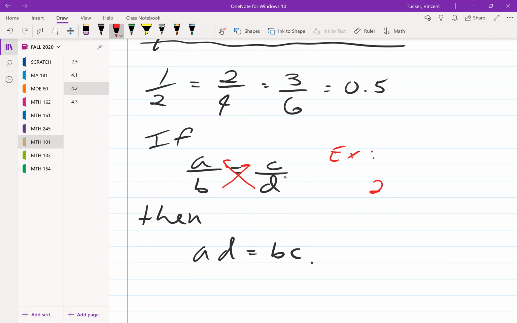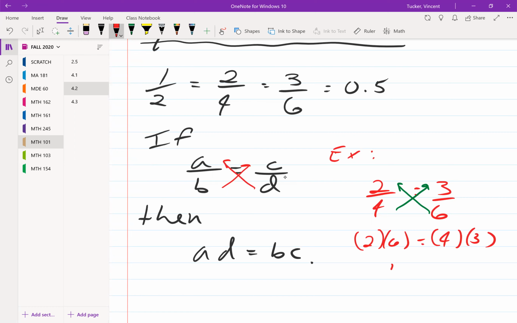So if I were to take that 2/4 and 3/6 and cross multiply, that'll give me 2 times 6 on the left, 4 times 3 on the right. That's 12 equal to 12. So that will always be the case if your fractions are equivalent.